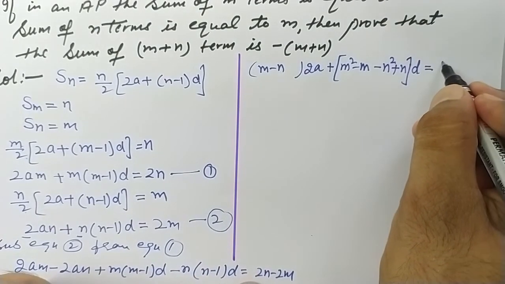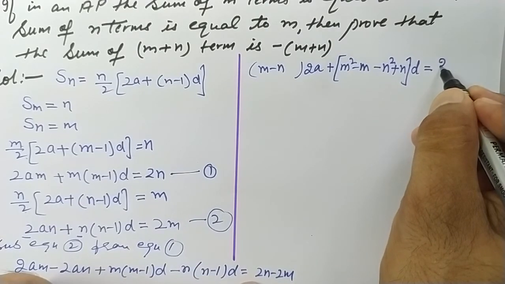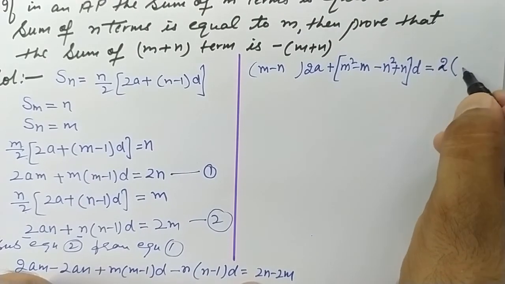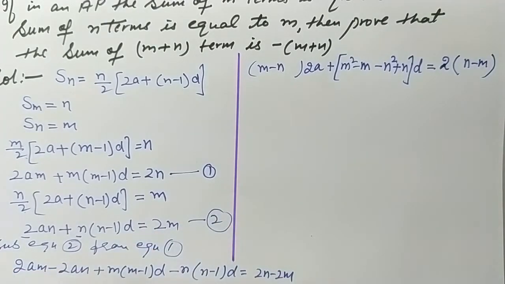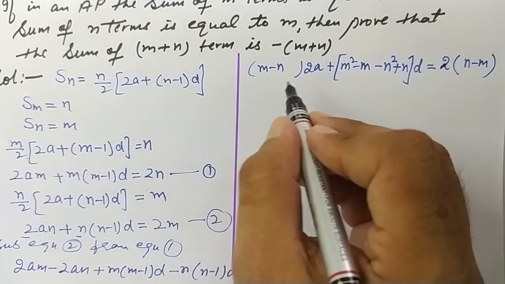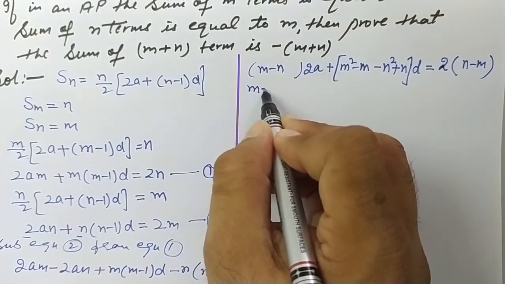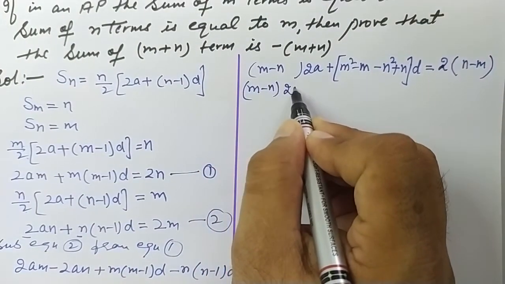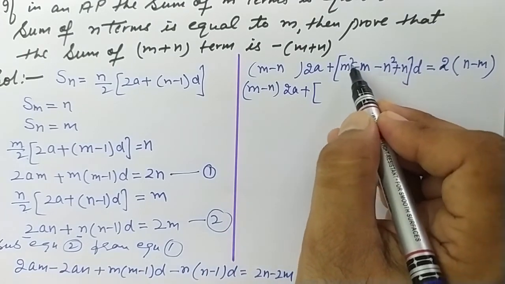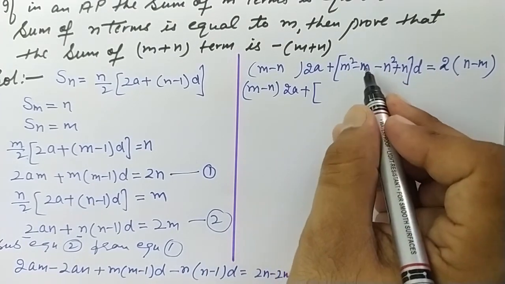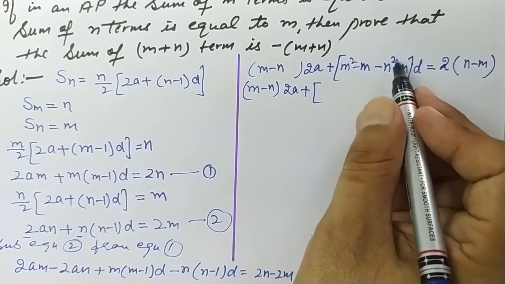From here, if I take minus 2 common, it is n minus m. So now m minus n into 2a, plus m square minus n square, which will give us a plus b into a minus b, right? A square minus b square is a plus b into a minus b.